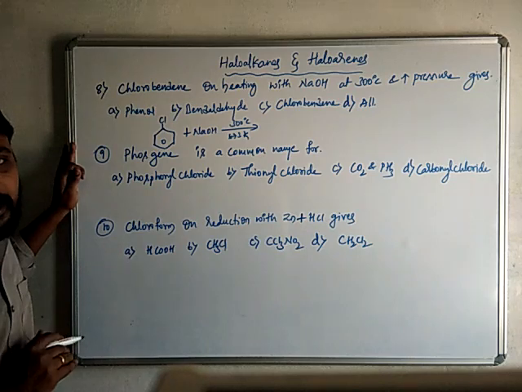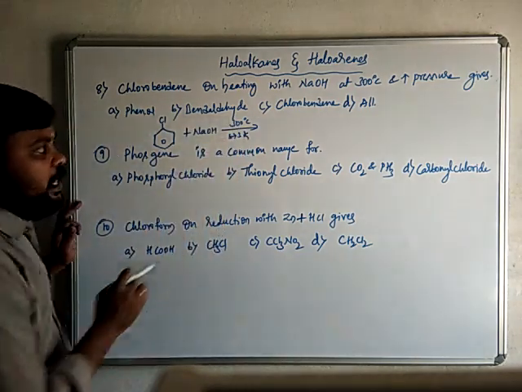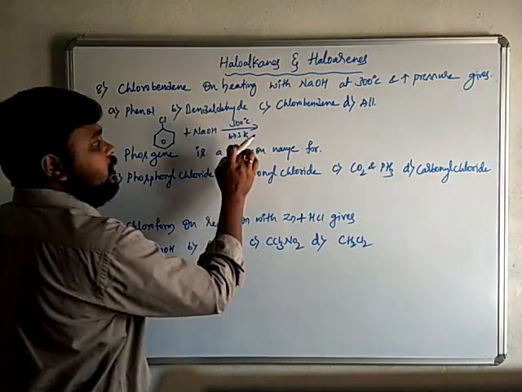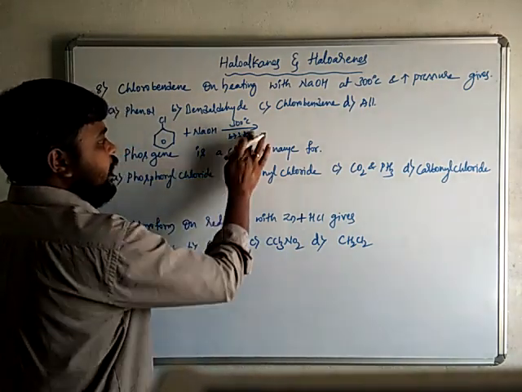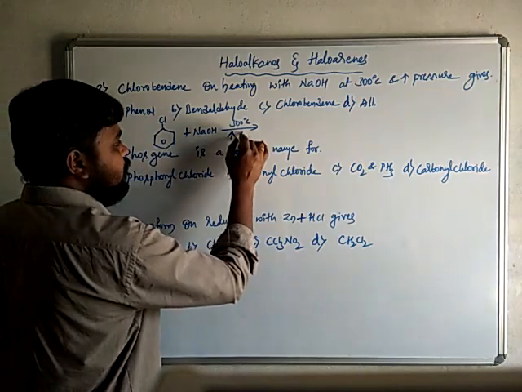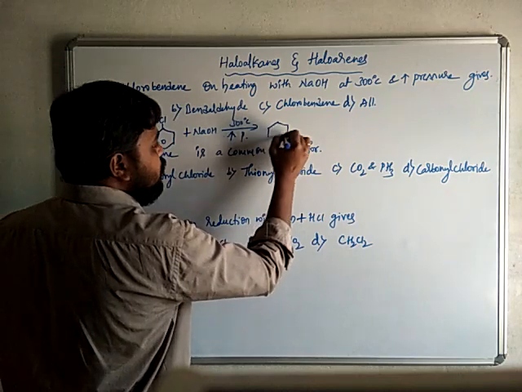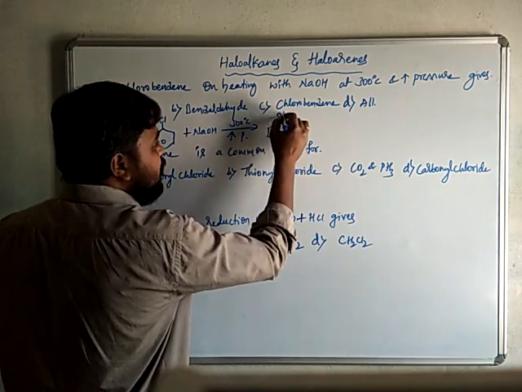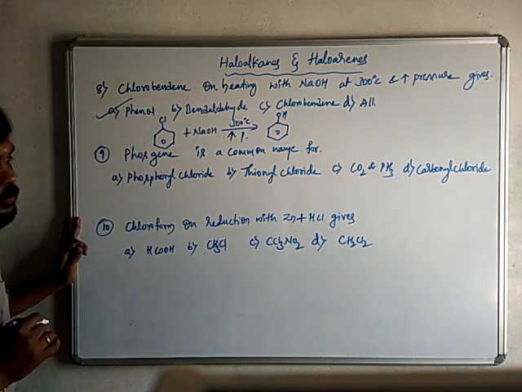However, to increase its reactivity, we have to maintain high temperature and pressure. Under this high temperature and pressure, Cl will be replaced by OH. So it becomes phenol. Hence the correct option here is A, phenol.